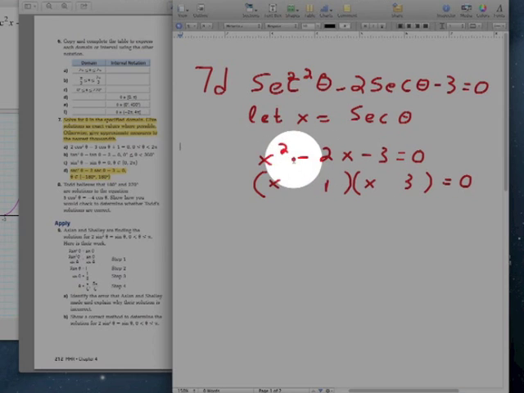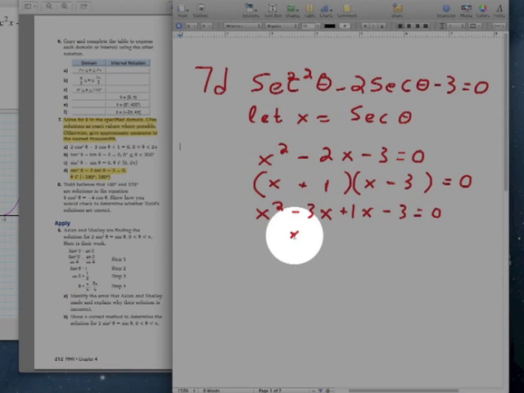So here I have negative 2. This means that I'm going to go to negative 3 and increase by 1. So let's make negative 3 plus 1. Because if I have negative 3x plus 1x, that'll make negative 2x, and negative 3 times plus 1 is negative 3, so those should all work out. If you had an issue following what I was saying there, let's just check now. x times x is x squared, minus 3x plus 1x, minus 3 equals 0.